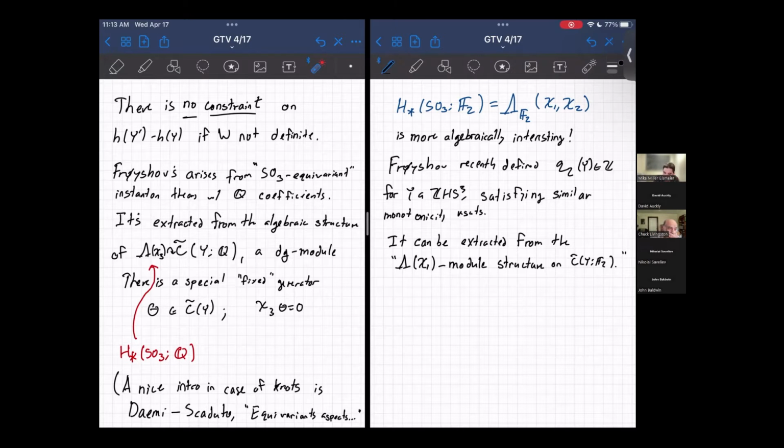To explain the numerical discrepancy there, Froyshov's perspective is more in terms of the cohomology of BSO(3) generated by w2 and w3, the Stiefel-Whitney classes, which correspond via Kronecker duality to these generators chi1 and chi2. So in some sense, Froyshov is looking at the w2, the contribution of w2 to this complex, which is why the term q2. Instead of the chi1 module structure, I want to discuss something about the chi2 module structure here.